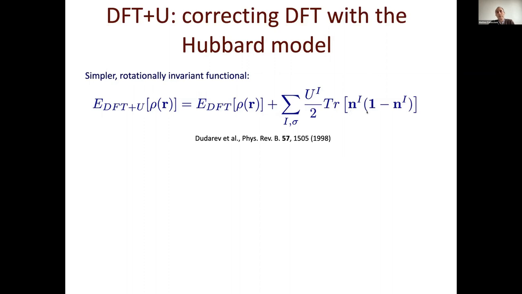So we multiply n_i times 1 minus n_i, and so what you get is a constraint that pushes the system towards having n_i equal to n_i squared.